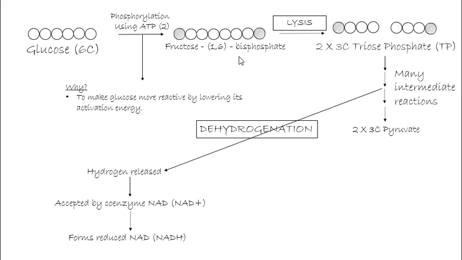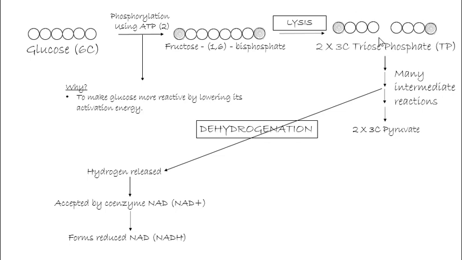After the phosphorylation of glucose has taken place, this molecule, which is termed as fructose 1,6-bisphosphate, is split in a process called lysis into two 3-carbon triose phosphate molecules.